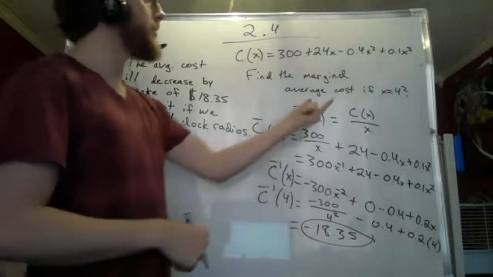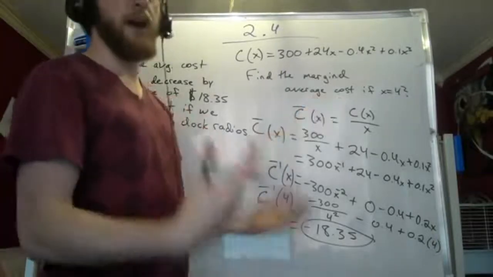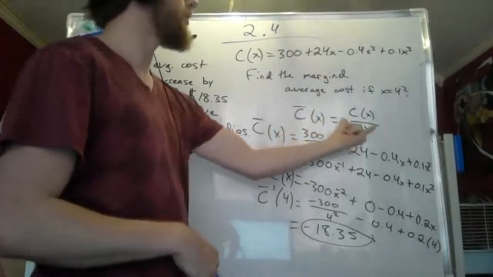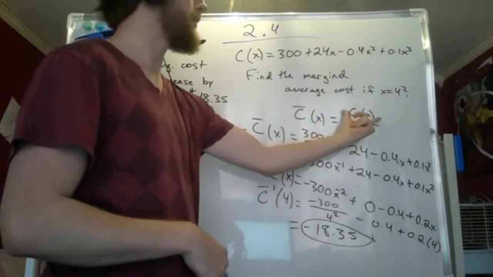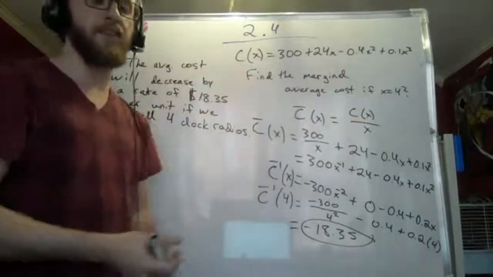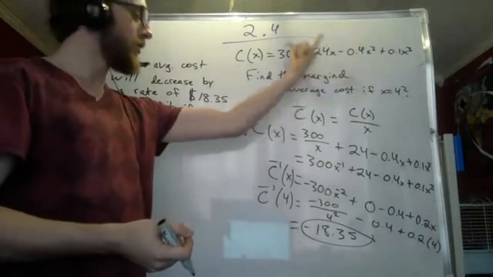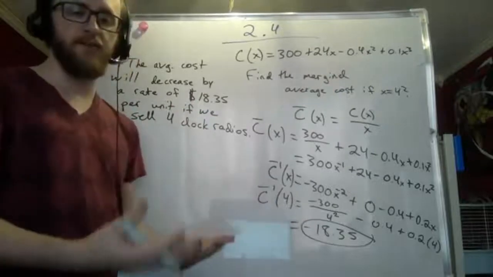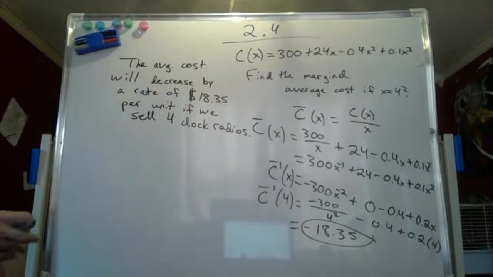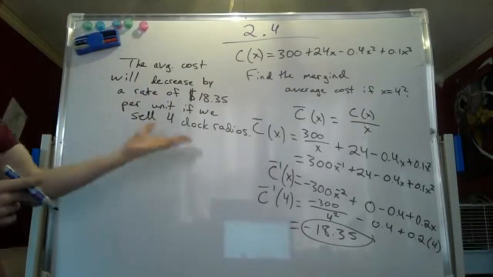Same thing for if something asks for average revenue, average profit, what have you. You're going to use the exact same formula. You just take your revenue, profit, whatever it is, divide it by x to find the average of that thing. And then the marginal is always going to be the derivative of that thing. So there you have it, and that's why we care about doing this kind of math in terms of business.